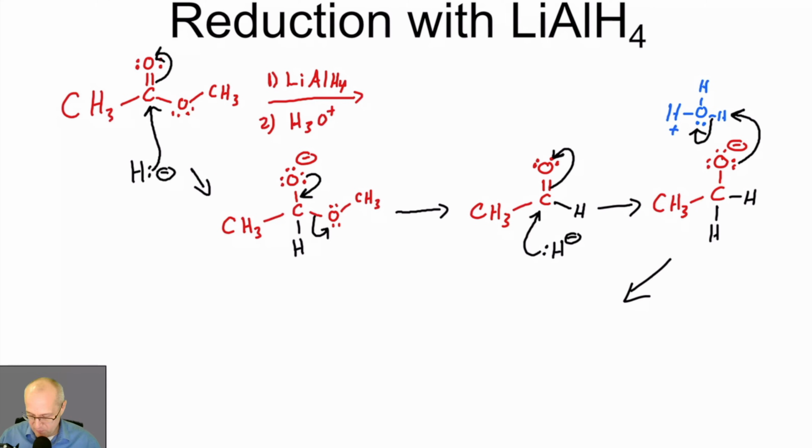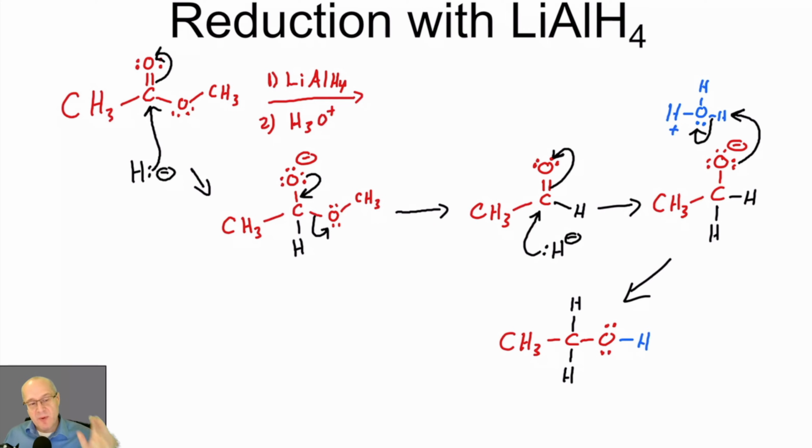And that will give you the primary alcohol. The black hydrogens come from the hydride, and the blue hydrogen comes from the proton source, the hydronium. And there you go. So that is the mechanism.